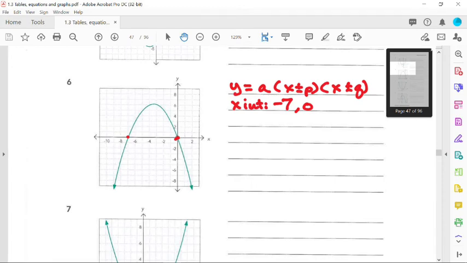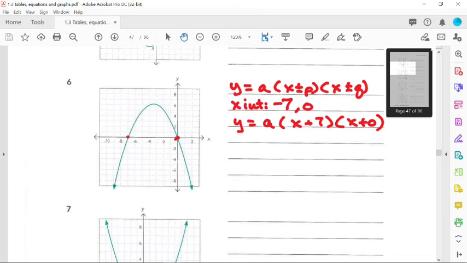Okay. -7 and 0. Thank you. Okay. Now we have those two x-intercepts. Now I'm just going to plug those into the right place in the equation. So I'm going to get y equals a times x, what? -7? Plus 7. Good. And x plus 0, which we'll clean up in a second.